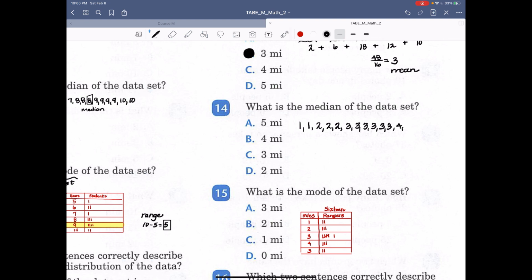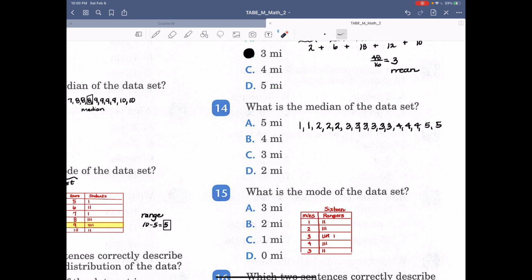Then 4, 4, 4, and 5, 5. Stop and count your rangers. 1, 2, 3, 4, 5, 6, 7, 8, 9, 10, 11, 12, 13, 14, 15, 16. If you lose a ranger, you will skew your data. So you got to make sure you count them all.